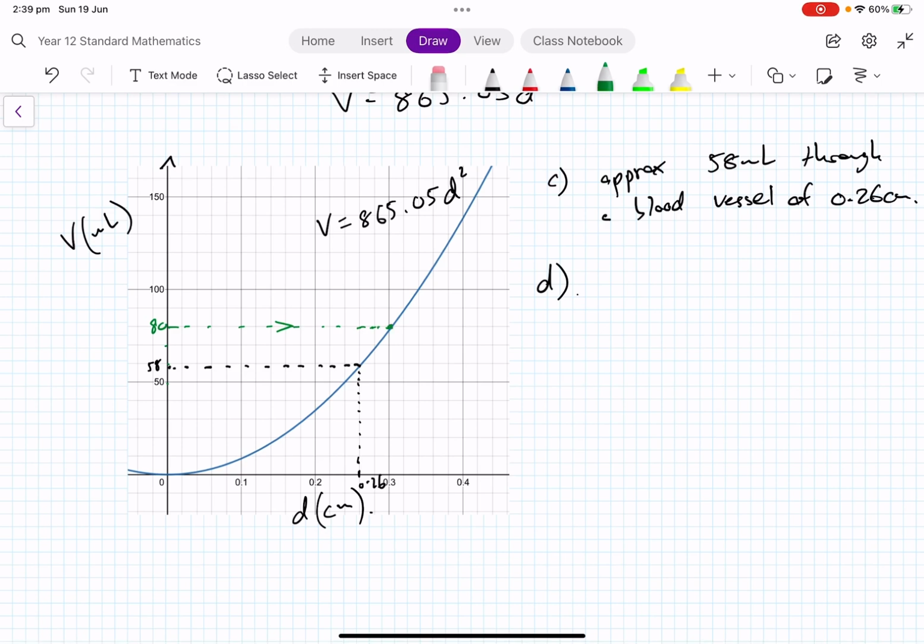Slightly more than 0.3. So 0.31 maybe. Approximately 0.31 centimeters for a vessel that has 80 milliliters of blood flowing through it.